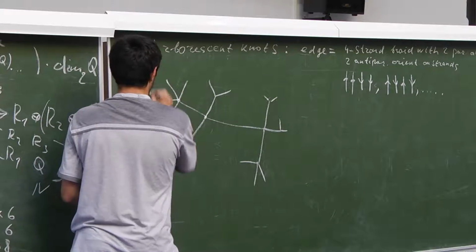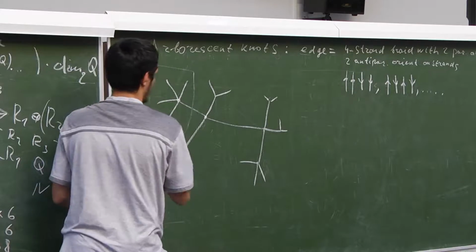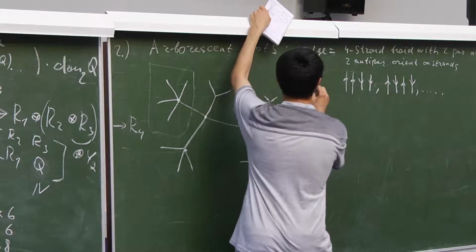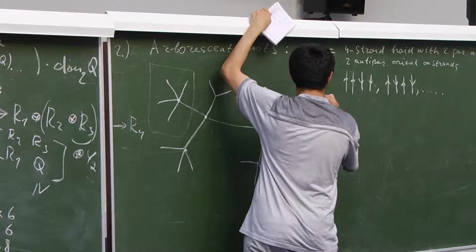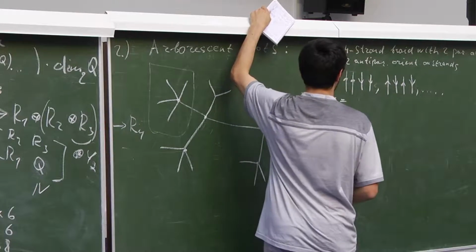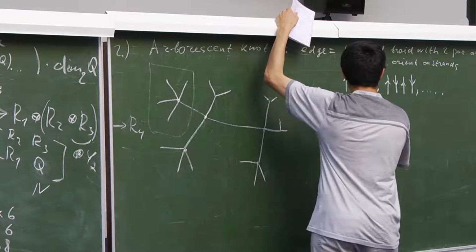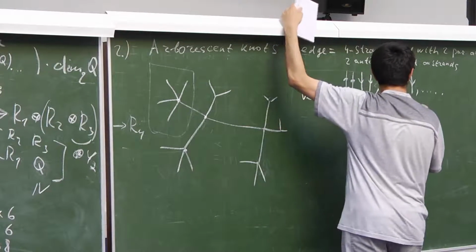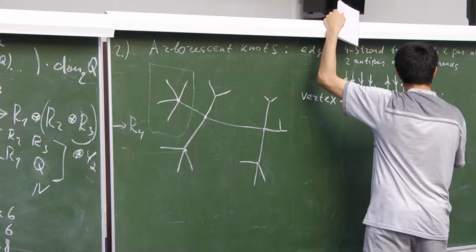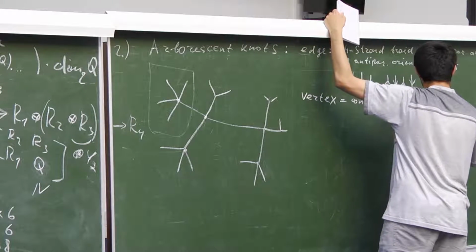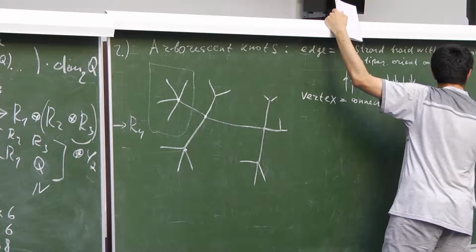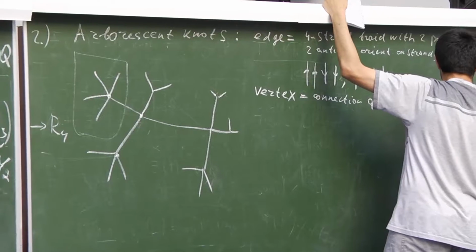Then, let me draw, for example, this part in detail. Oh, sorry, I forgot to say that a vertex in this tree is just a connection of these 4-strand braids without intersections.